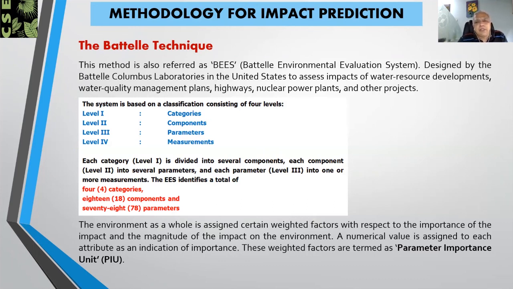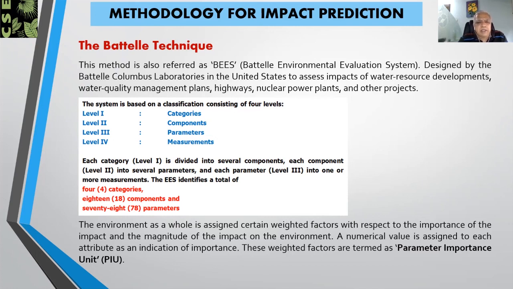Now the other technique, which is a more advanced technique, is the Battelle Environmental Evaluation System. In this system, the classification consists of 4 levels: categories, components, parameters, and measurements. Each category is divided into several components, each component into several parameters, each parameter into one or more measurements.